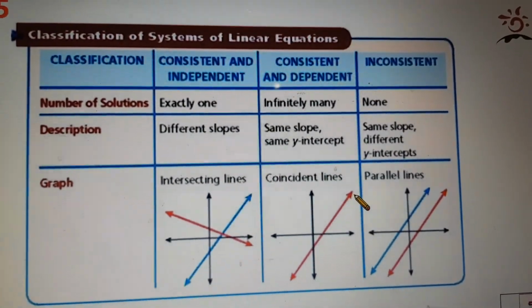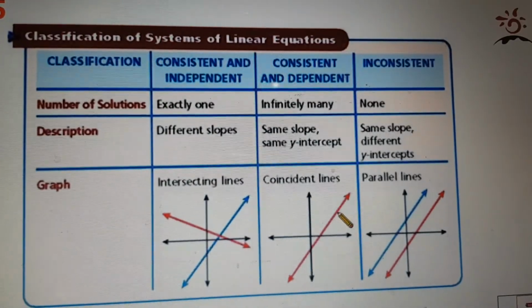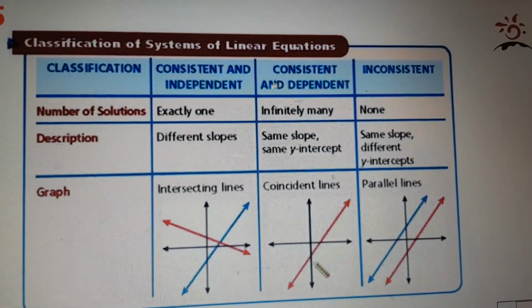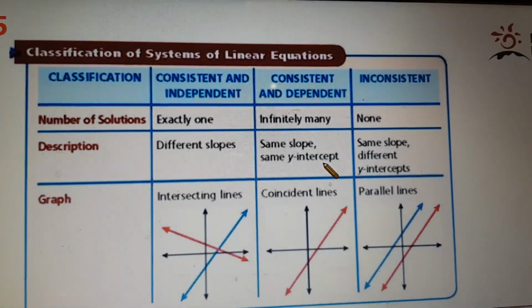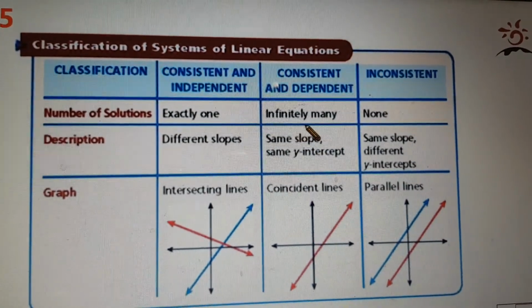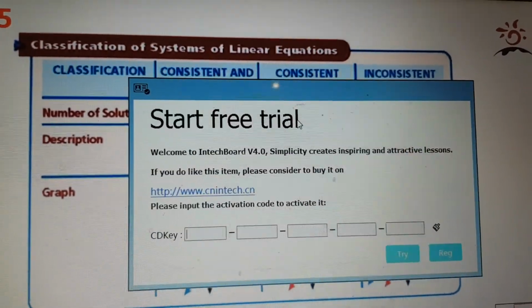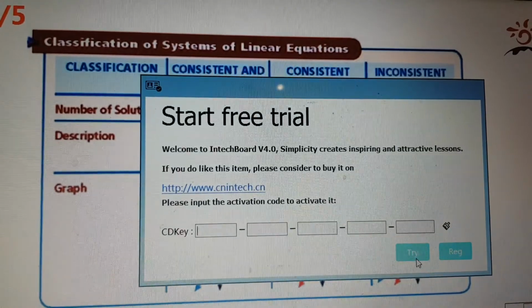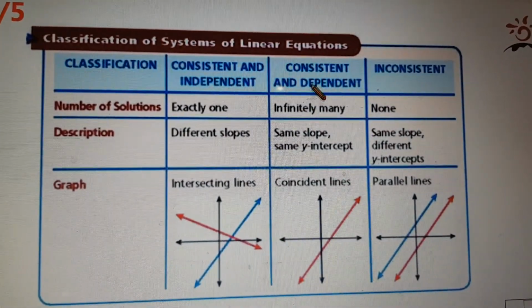Can you see here? Actually, I have two lines above each other, just one line. Here I have infinitely many solutions, and this one is called consistent and dependent.